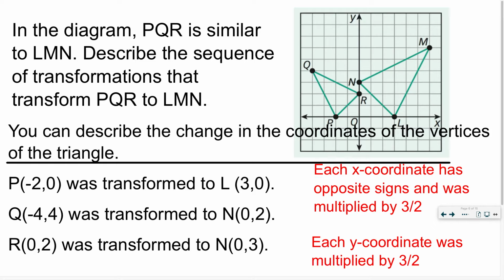So we transformed the coordinate P, that became L. So it went from -2, 0 to 3, 0. Point R transforms to point N, and point Q transformed to point M. So we did two things. We reflected it first to get it to that same position, and then we dilated.